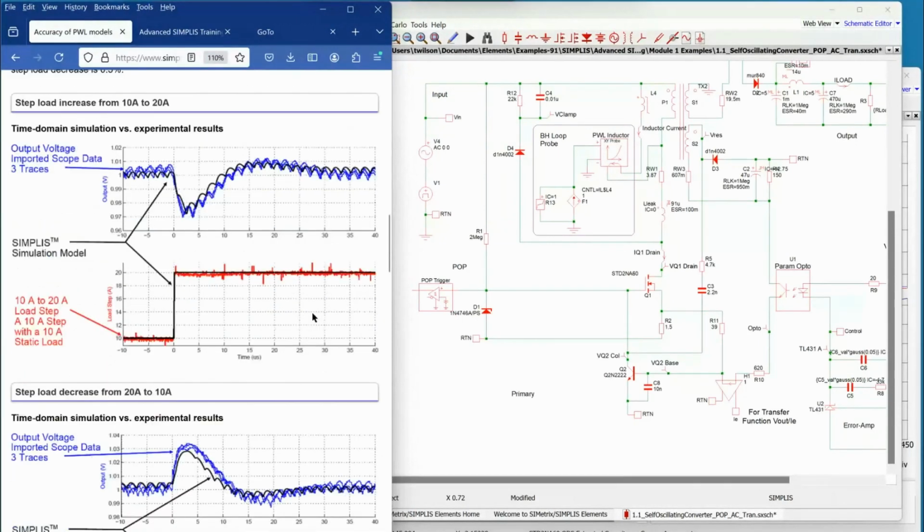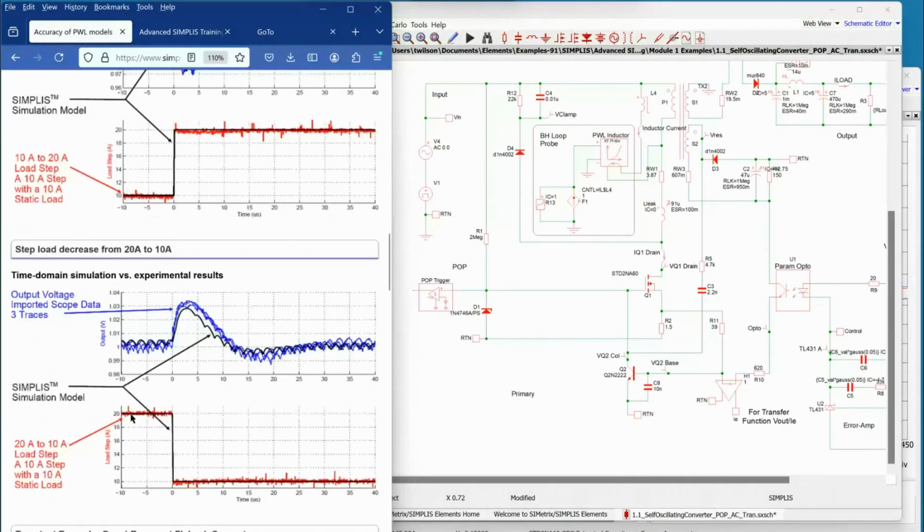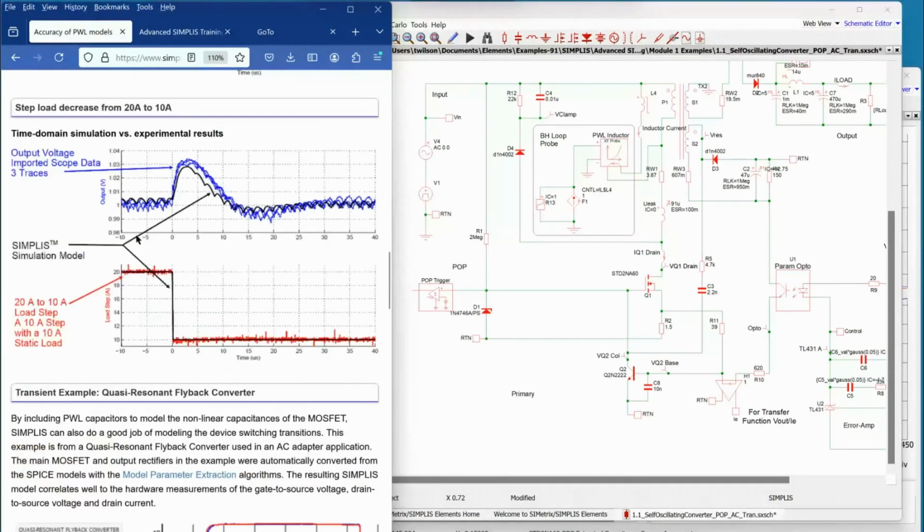Similarly, if we do a step load decrease from 20 amps down to 10, we can see there's overshoot. Again, the difference is around half a division, 5 millivolts, 0.5%. Very typical SIMPLIS transient analyses. If we have a good model of the system, we get a really good result.